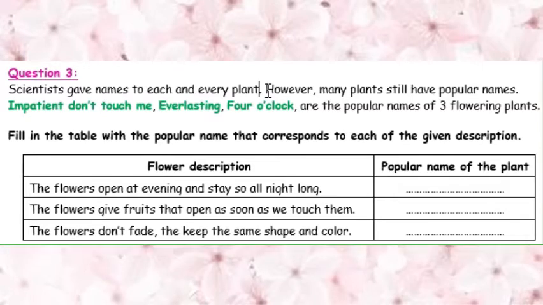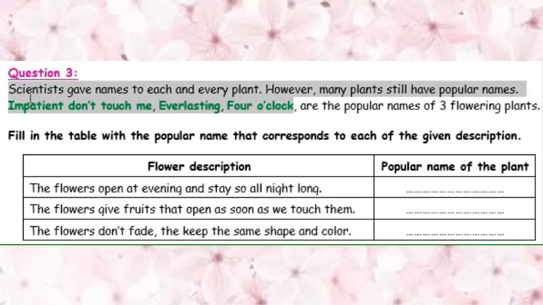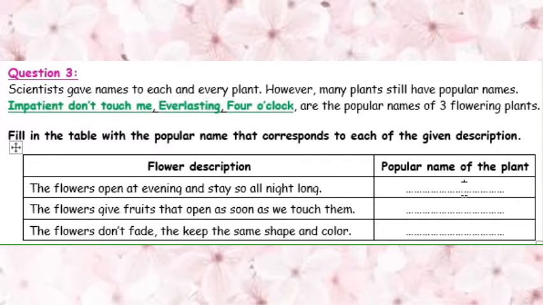We have to fill in the table with the popular name that goes best with the given description. So we have three sentences describing three different flowering plants, and we have to use these three popular names to name these plants.